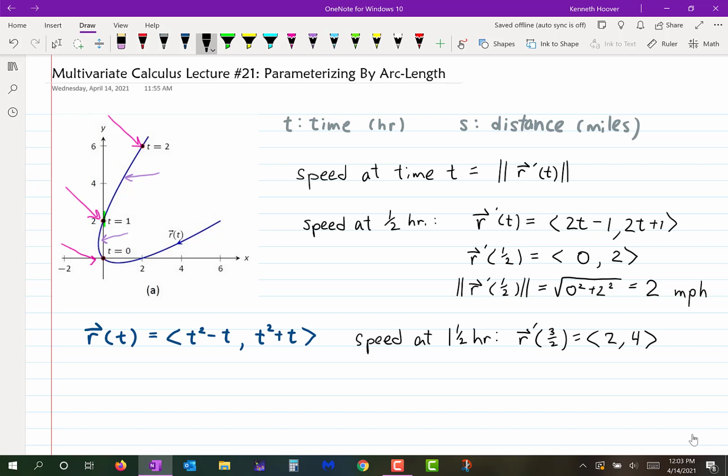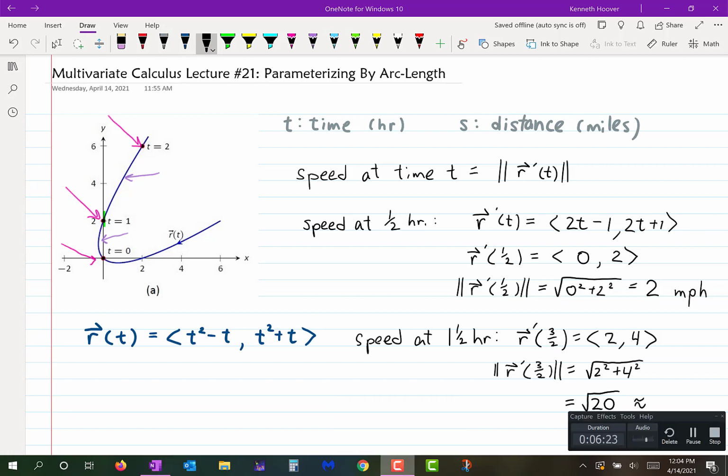The magnitude is the square root of 2 squared plus 4 squared, so that's the square root of 20, which is approximately 4.5 if I round off to 1 decimal place.